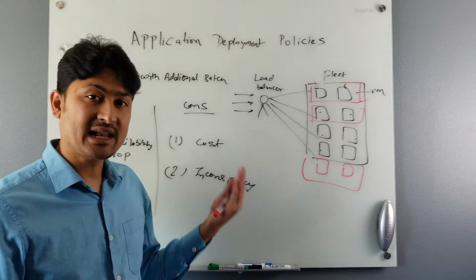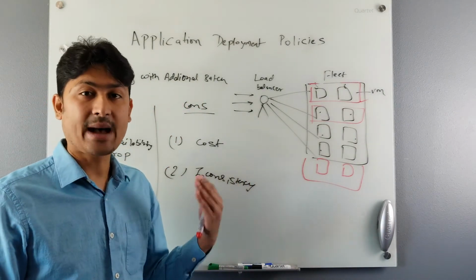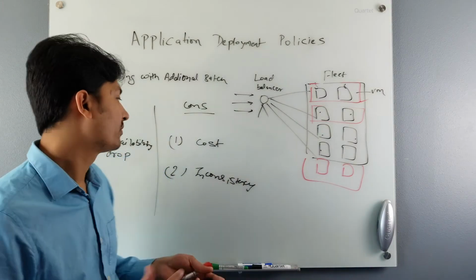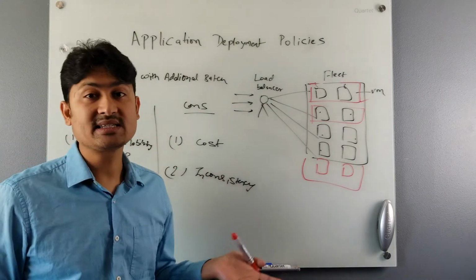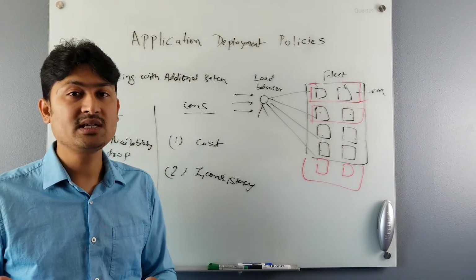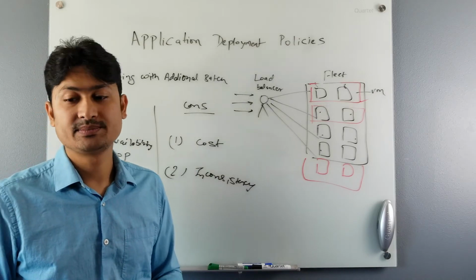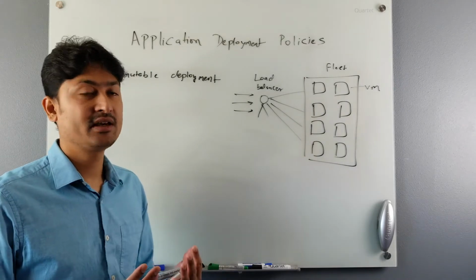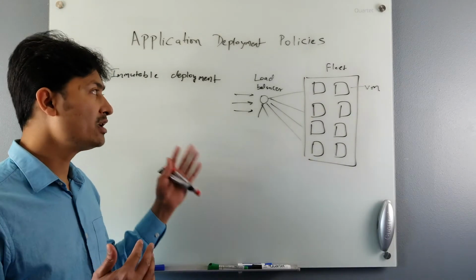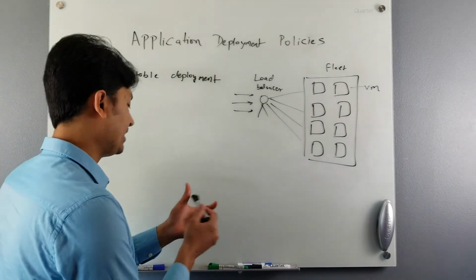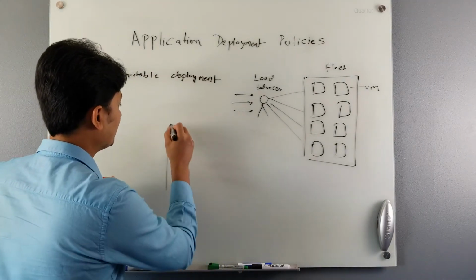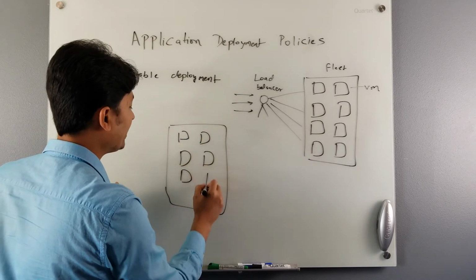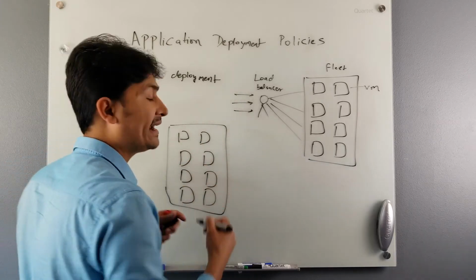There is also a challenge if you have a workflow kind of application where you have non-backward compatible changes. To mitigate the problem of inconsistency, there is another deployment policy, which is immutable deployment. In immutable deployment, you create a mirror of your fleet. So in this case, you will launch 8 servers in a separate fleet, and then you deploy the newer application version to all these 8 servers.